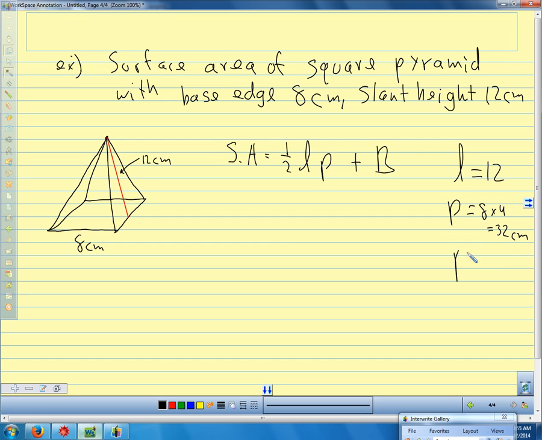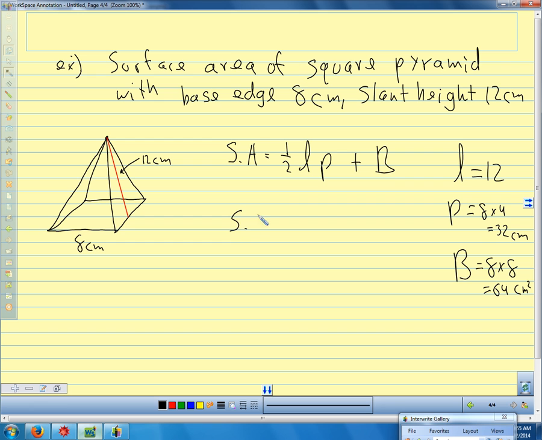And the area of the base is the other part we need. The base is a square. So what's the area of the square? 8 times 8. Each side is 8. So 64 square centimeters.